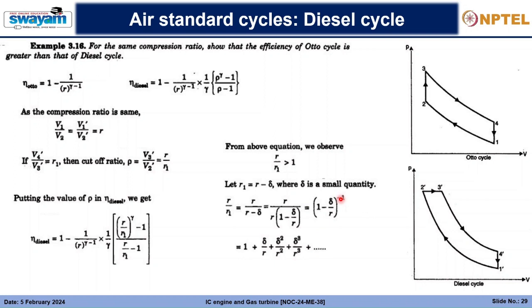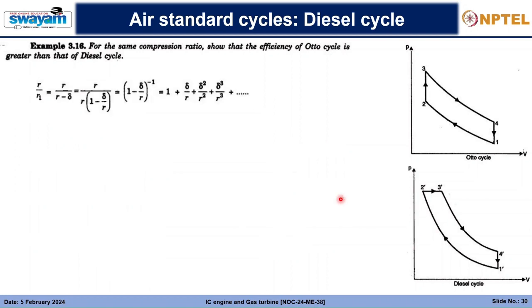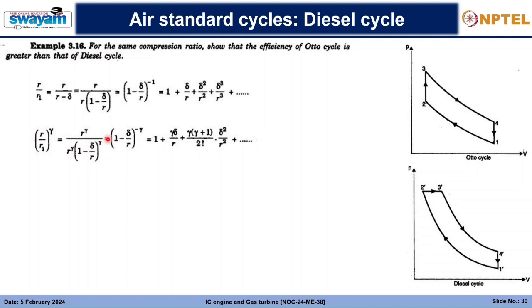Finally, this can be expanded in a series expansion with this kind of equation. Similarly, R by R1 to the power gamma, when it is scaled up to gamma, can be expanded in a similar fashion like this.